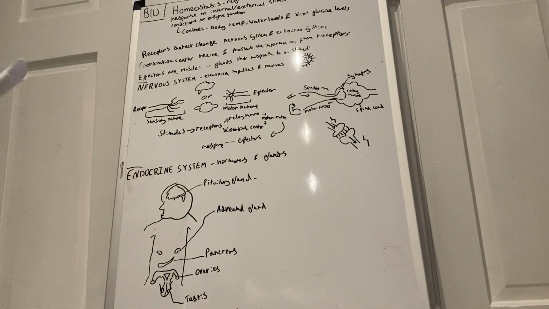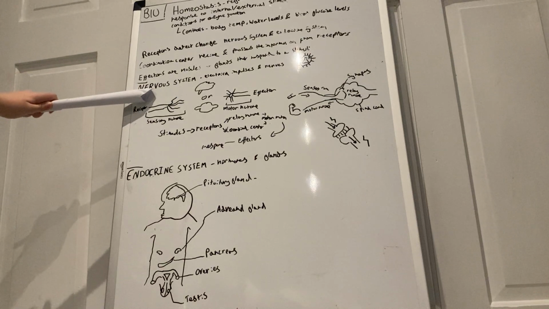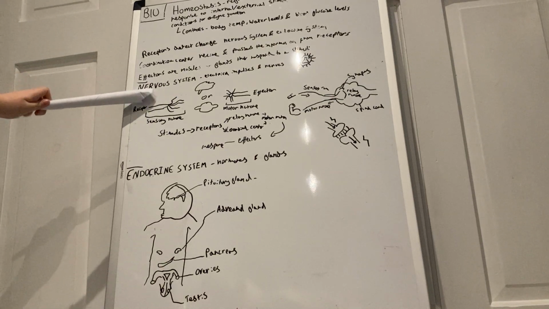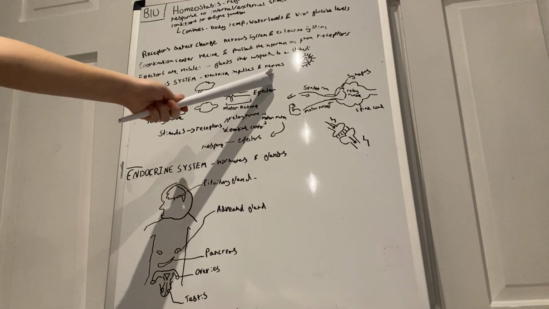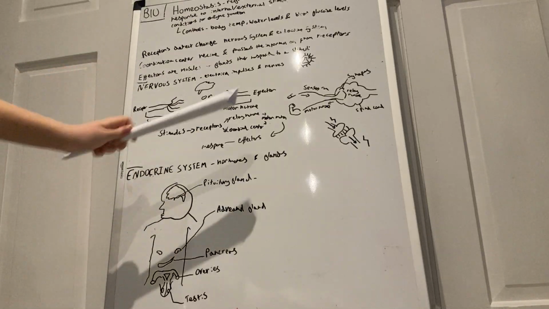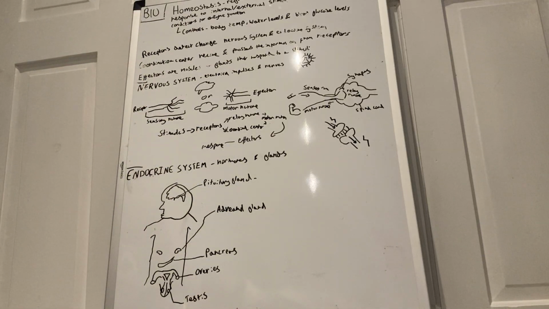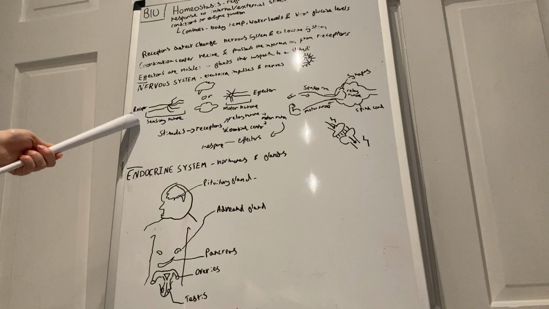So now we're going to be going a bit more in depth about the nervous system, right? Basically, the nervous system is made up of electrical impulses and nerves. So here we have a little diagram on how you get some electrical impulses, or how you basically process information, right? So it starts with your receptors.